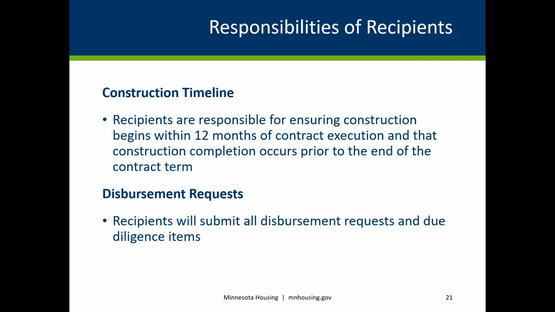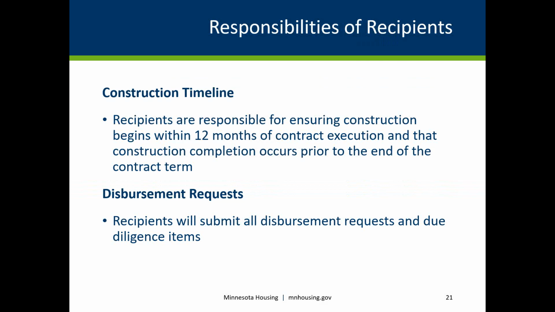Okay, continuing on the responsibilities, talking about construction timelines. As I mentioned earlier, construction must start within 12 months of signing the contract and must be completed within the 3-year term. Recipients will need to make sure that the developer produces the amount of units outlined in the application within the construction timeline that is outlined in the contract.